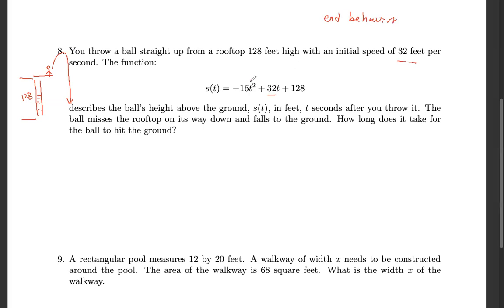This is a polynomial of degree 2 with a negative leading coefficient, so we know the end behavior is both hands down. And this happens to be degree 2 quadratic, so just a downward parabola. So the picture of this is a downward parabola, exactly like this.